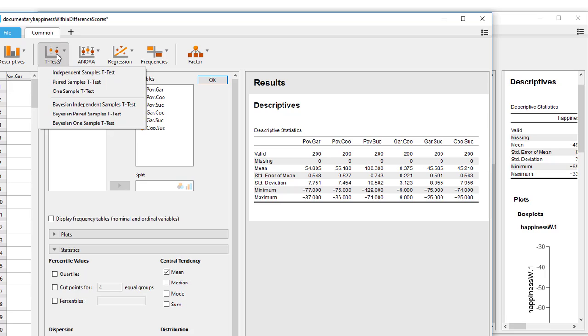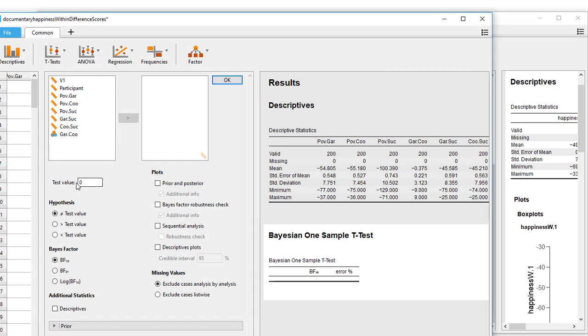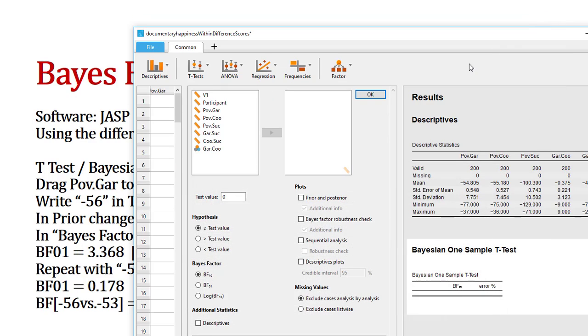Okay, so now instead of going to what we did before, now we do Bayesian one sample t-test. So we are doing Bayes factors, we are not using the traditional method, so Bayesian and one sample t-test. And here you got the test value, so you compare the actual mean of these variables. We are going to use just one, basically the difference between poverty and gardening.